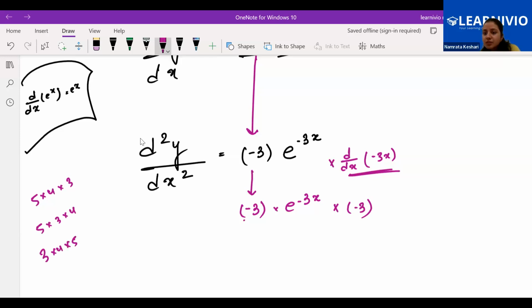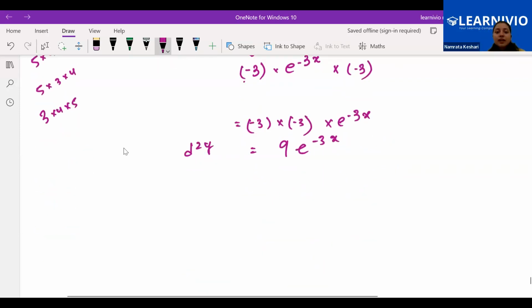Does it matter, Murtaza? No, ma'am. So we can write this -3 in front and multiply both the numbers. We can multiply them and it will come out as 3 into 3, 9. Tell me, positive 9 or negative 9? Positive. Positive 9. So 9 e to the power -3x is what we are getting as d2y/dx2.